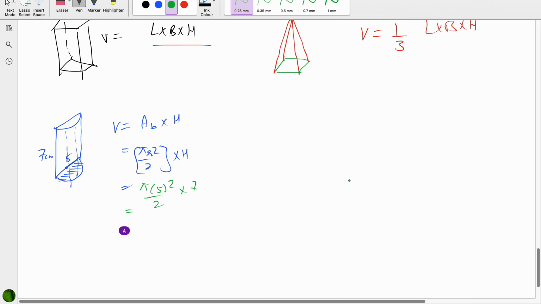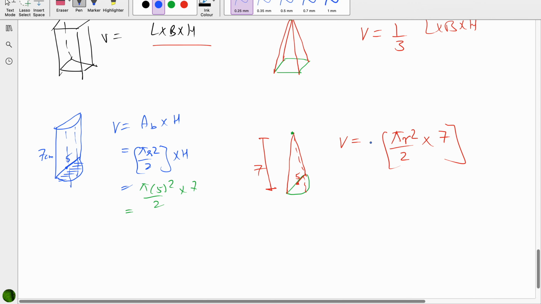And what happens when we change this shape to this pointed shape, keeping the radius the same as 5 and this vertical height still 7? The volume is pi r square by 2, because that is the area of base, times the height, but with an addition of 1 by 3. This is the only difference.